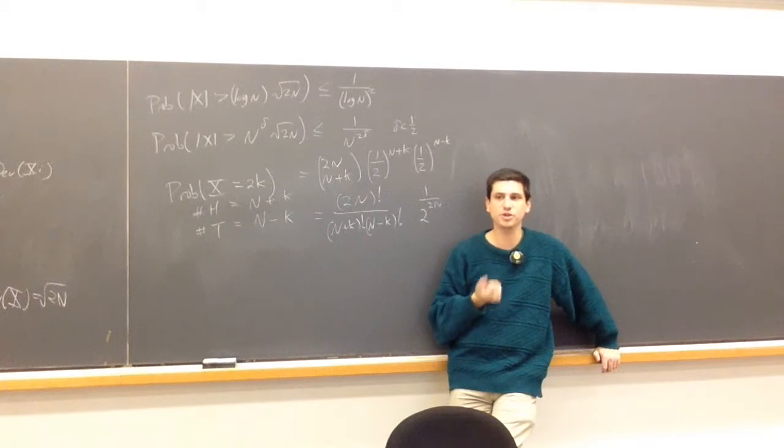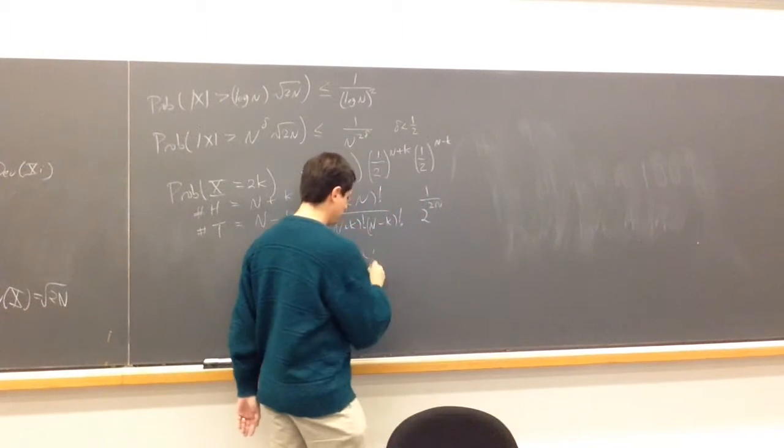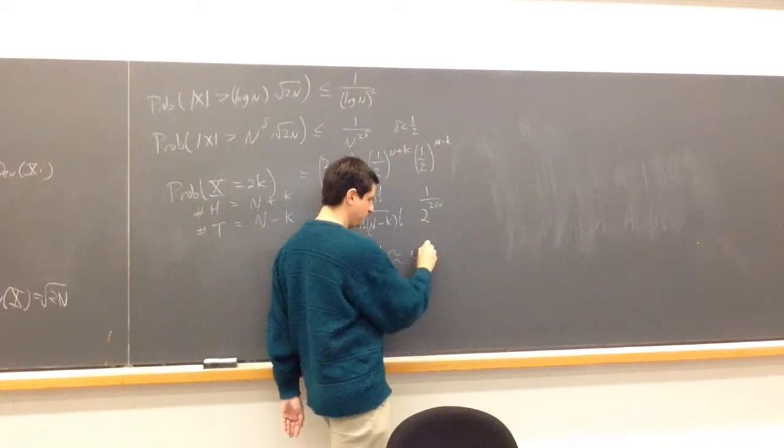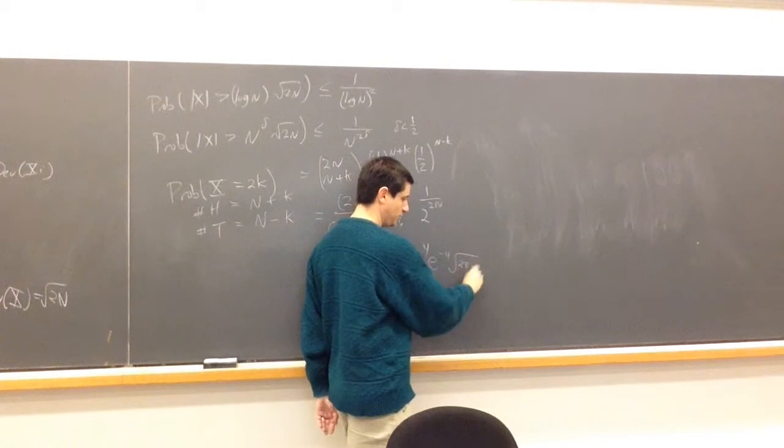So what is Stirling's formula used for? You got to know this. What do we use Stirling for? Approximating factorials. So if I wanted to approximate 4 factorial, it is approximately 4 to the 4th e to the minus 4 square root of 2 pi times 4. Can I do that?